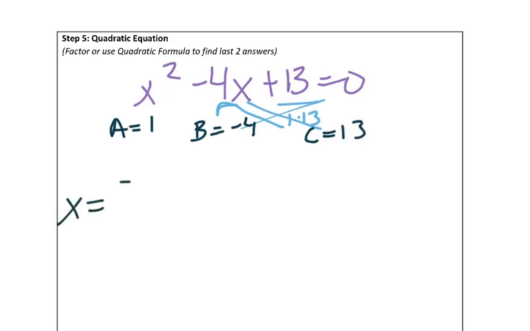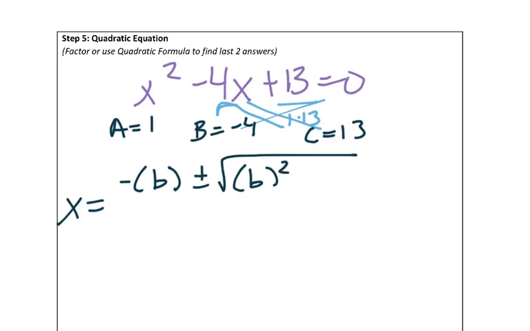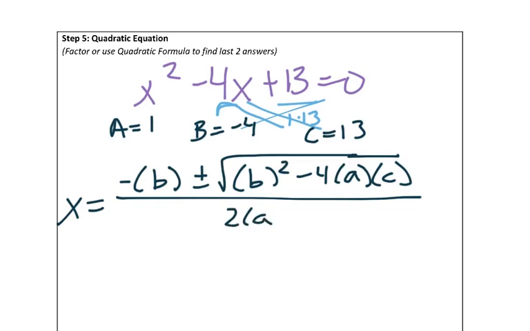So x is equal to the opposite of b plus or minus the square root of b squared minus 4 times a times c, all over 2 times a. So b is negative 4.